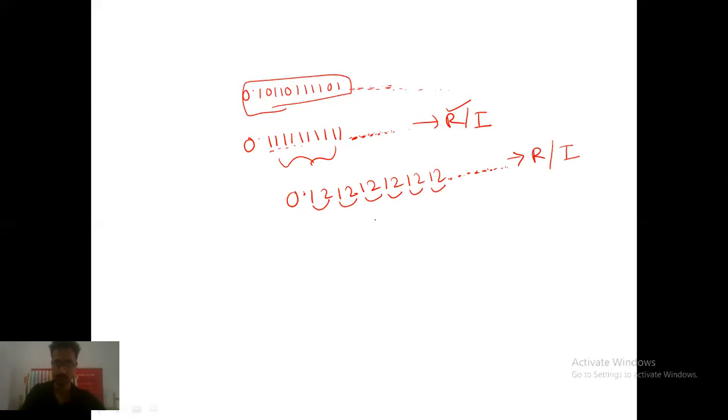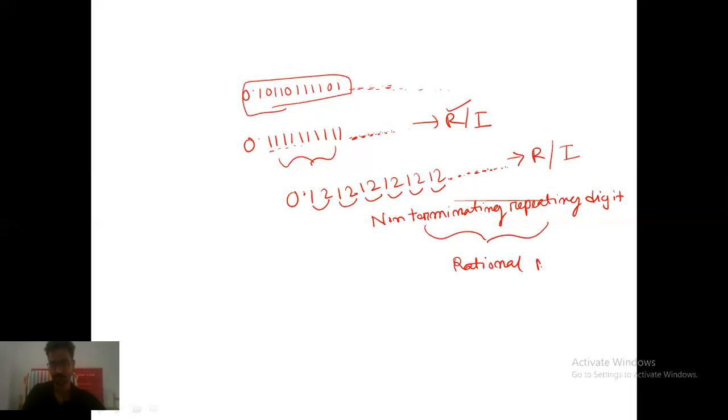That's why it is a non-terminating repeating digit. We are going to discuss details in our next topic. That's why it is a rational number.